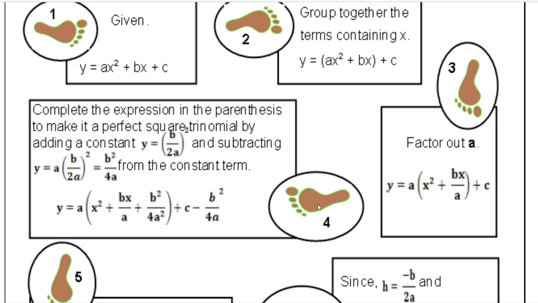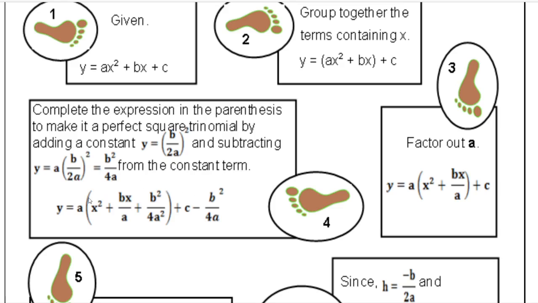Next, plus c. Step 4, complete the expression in the parentheses to make it a perfect square trinomial by adding the constant, which is one half of b over a, quantity squared, and subtracting b squared over 4a from the constant term.